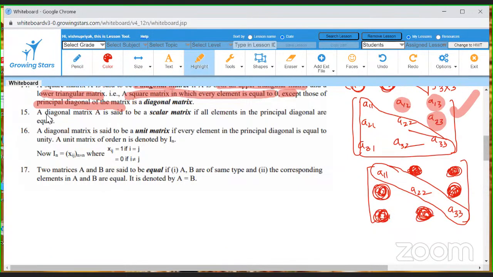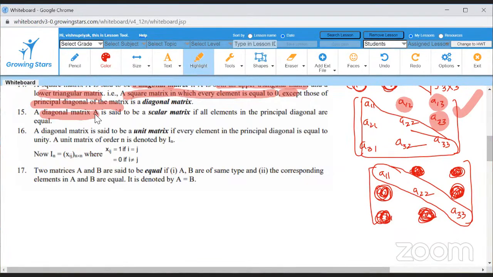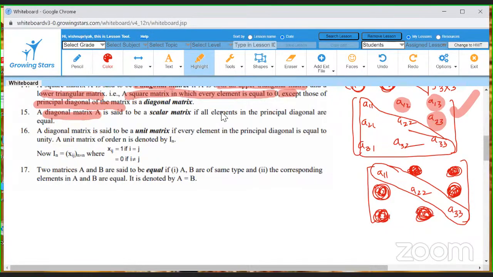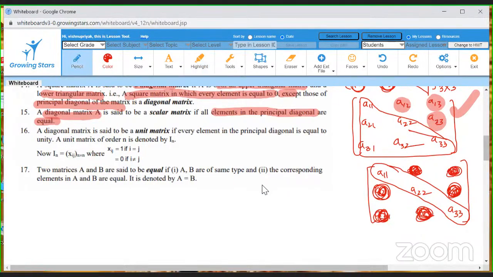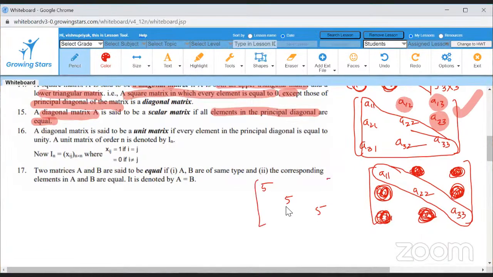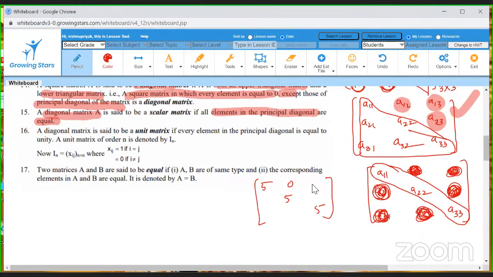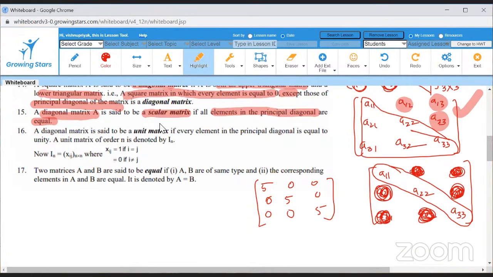Next, in a diagonal matrix, if all elements in the principal diagonal are equal, like all are 5, 5, 5, and the remaining are zeros, this kind of matrix is called a scalar matrix.